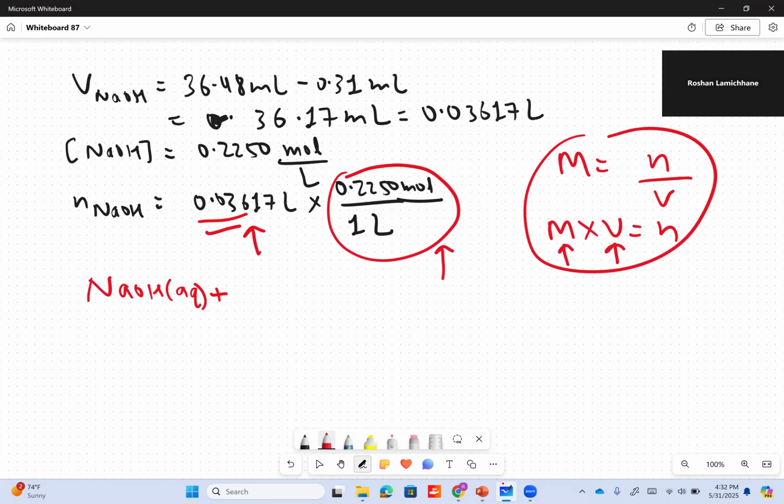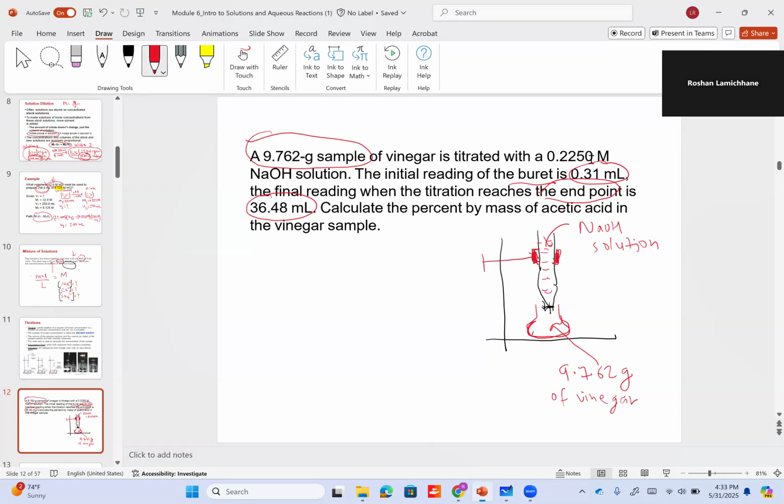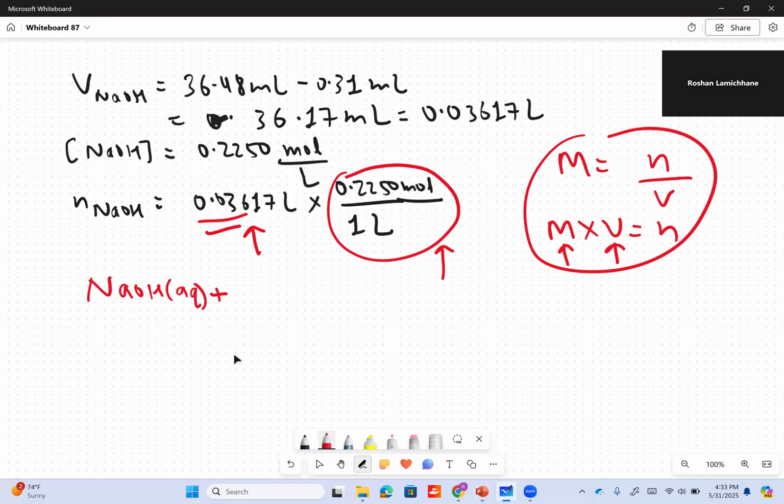But what we do is we create a solution, right? To create a solution of 0.2250 molar NaOH, we take that white salt NaOH, if you want to call it that, and dissolve it in water. That's why I said NaOH aqueous, plus my acetic acid sample.